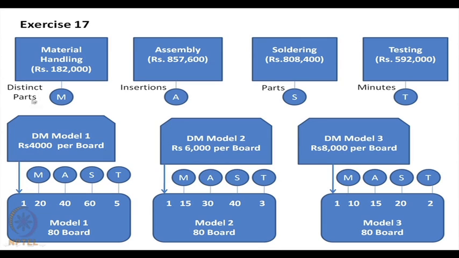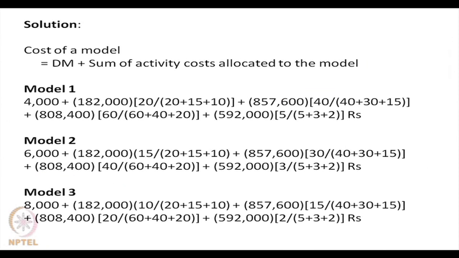The cost drivers here are distinct parts, insertions, parts and minutes, and these are the consumption rates. This is the variable cost and these are the consumption rates for the activities, and this is the unit level variable costs. This we did not solve, but we had discussed this problem earlier.